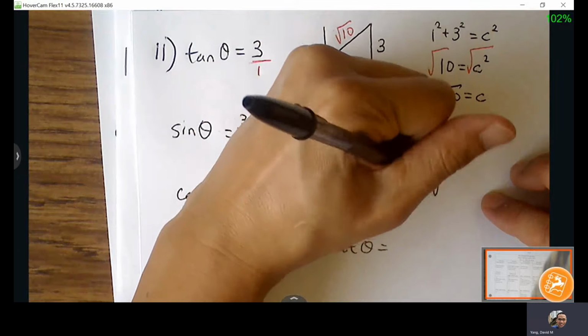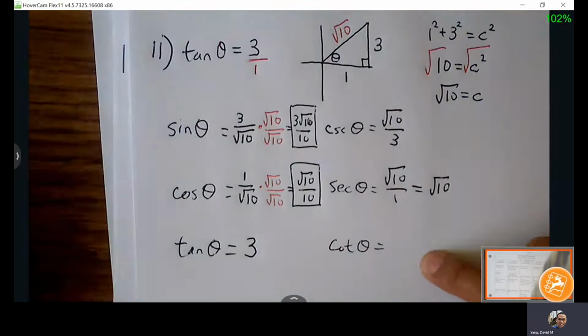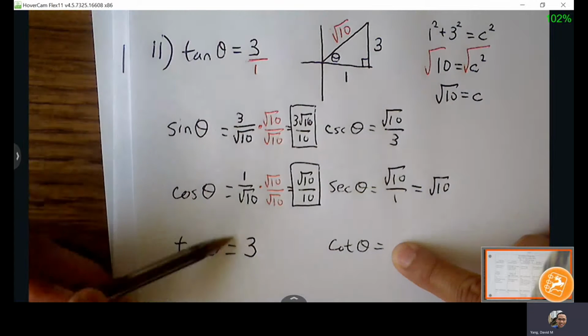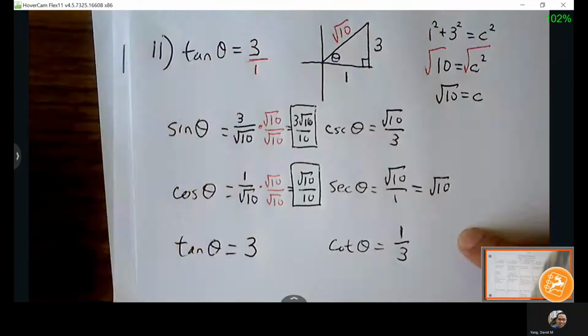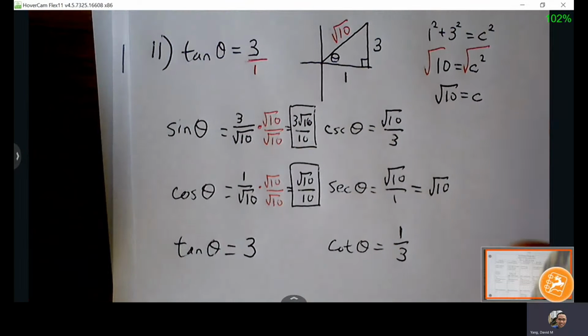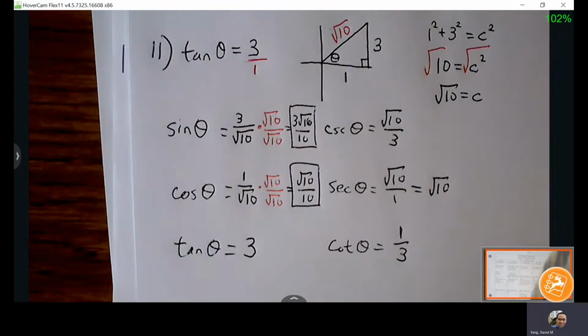Or you can just write it as square root of 10, either one's fine. Cotangent is just the flipped reciprocal of tangent, so 1 over 3. Any questions with 11?